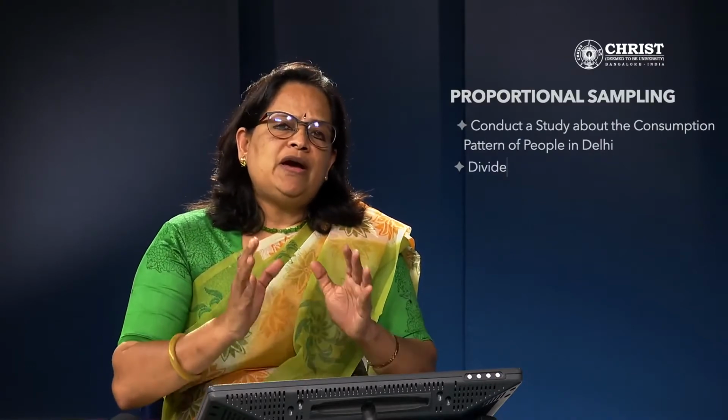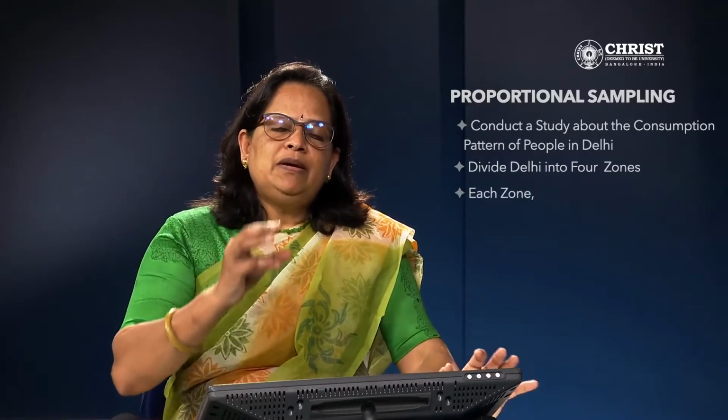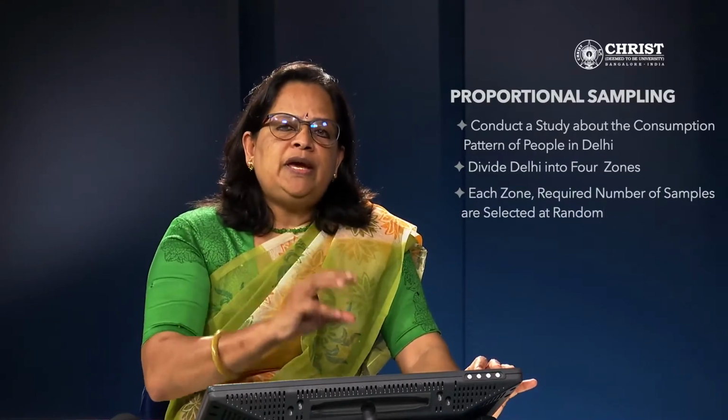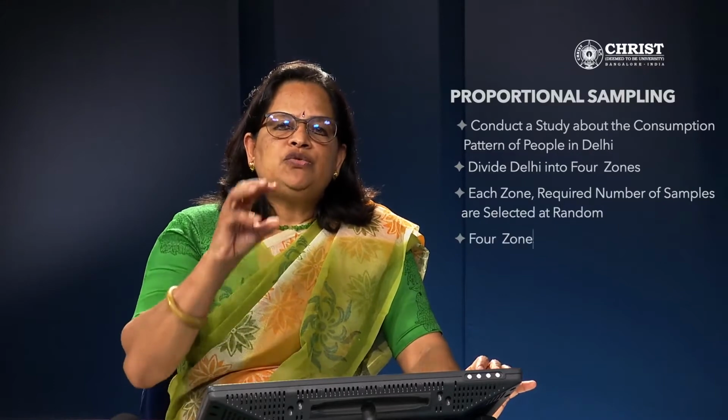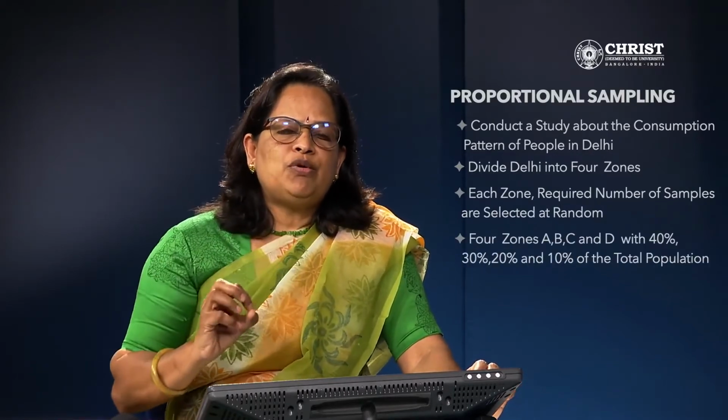Proportional sampling: I am taking that example, food habits of people living in Delhi. I want to study, so I have to divide Delhi into 4 zones based on the population: A, B, C, D. From each strata I want to collect the required number of samples.